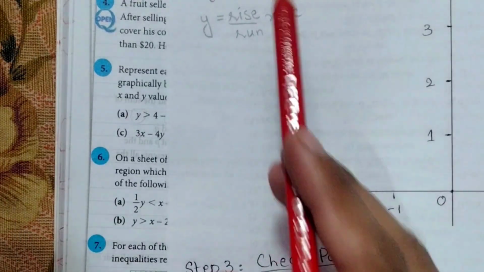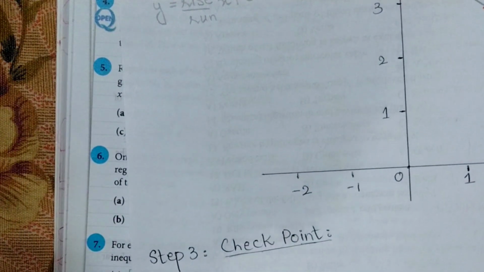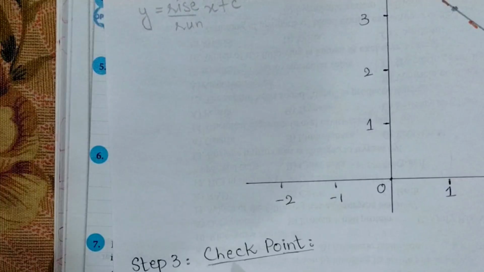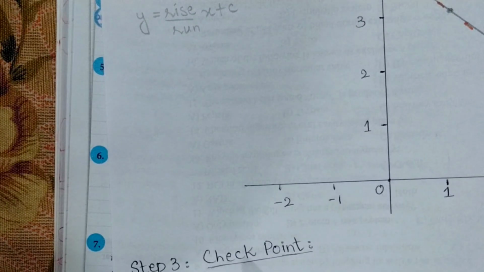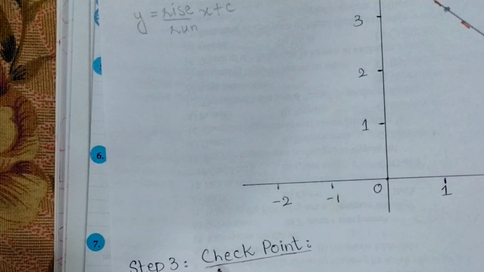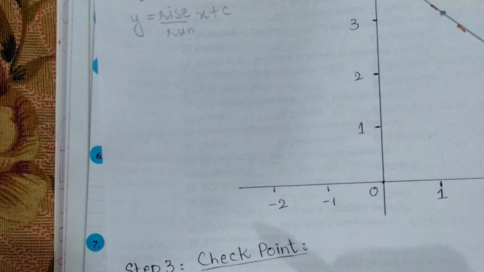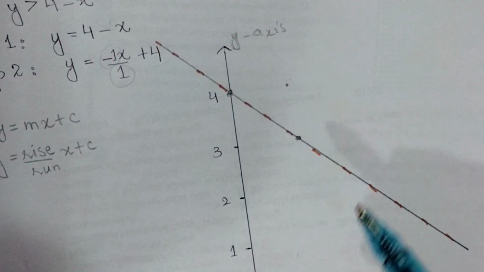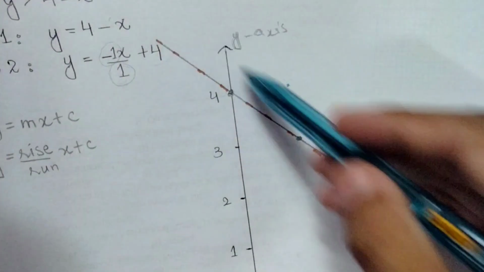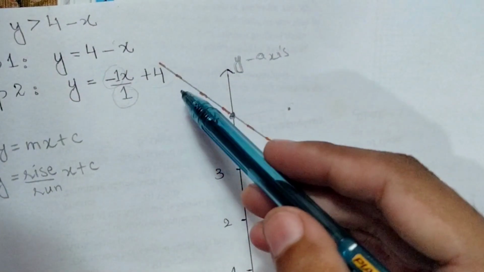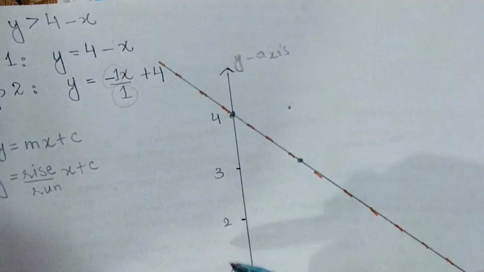ठीक हो गया. Now this is the step 2. Now after the step 2, in the step 3, I have to decide which portion to shade. Now that's why this step 3 is known as checkpoint, because here I am checking whether I should shade the region above this line, that is this region, or the region below this line, that is this region.